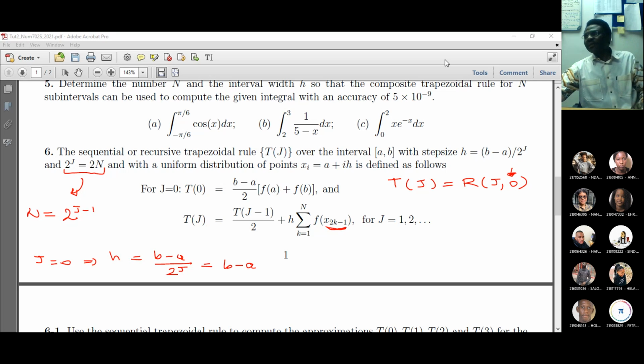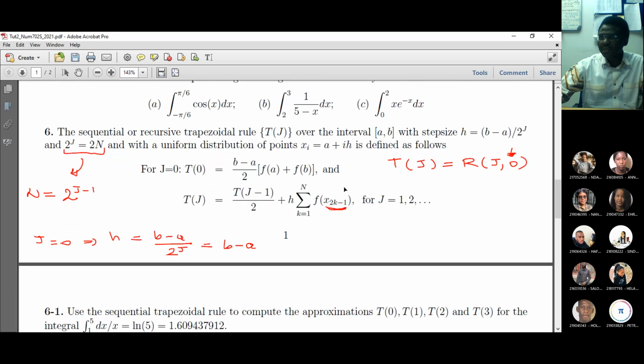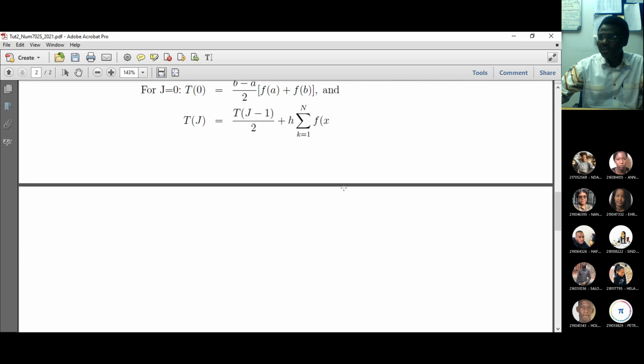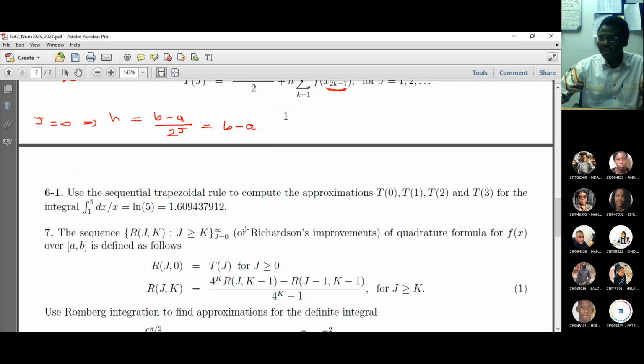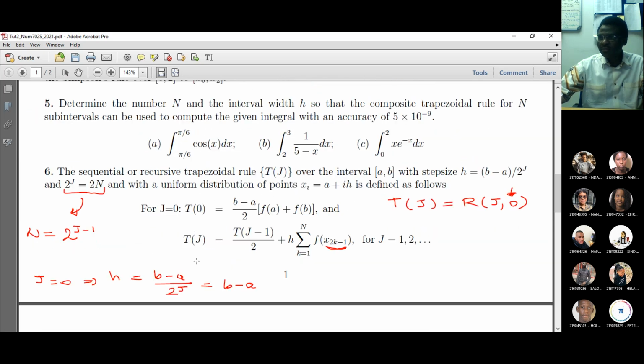Good. Okay, now let us see how this is being done, how to apply. Which example are we going to use? Okay, so here we are asked to compute T0, T1. We are only performing the recursive trapezoidal rule, so we are computing all the Tj.